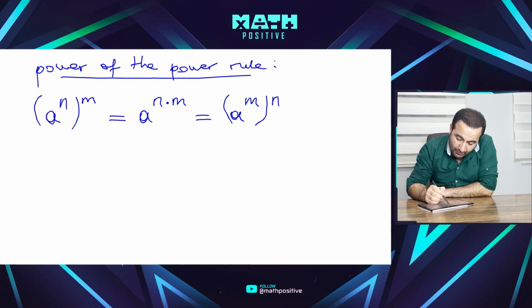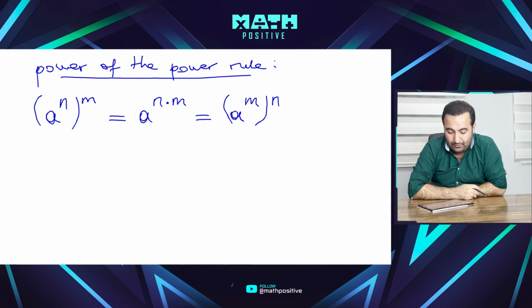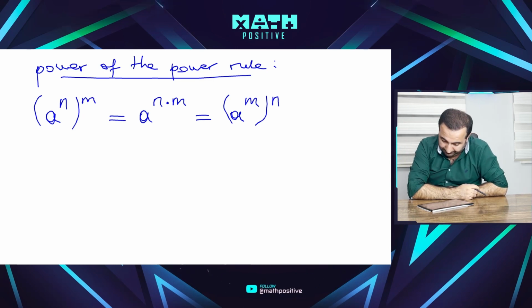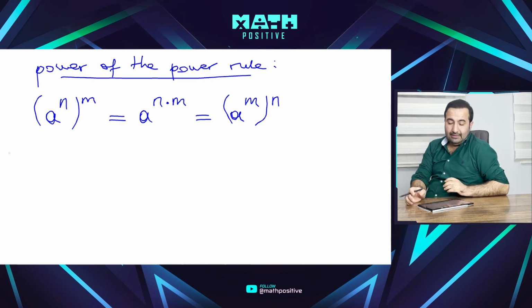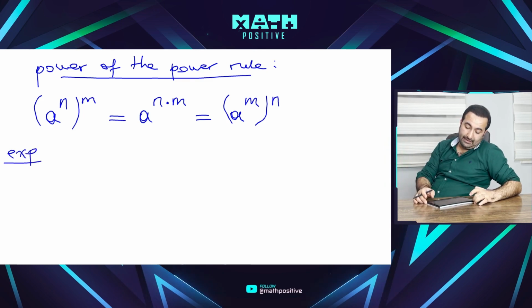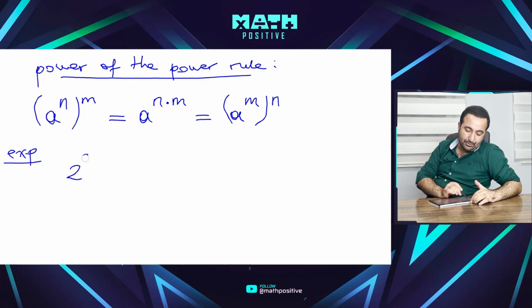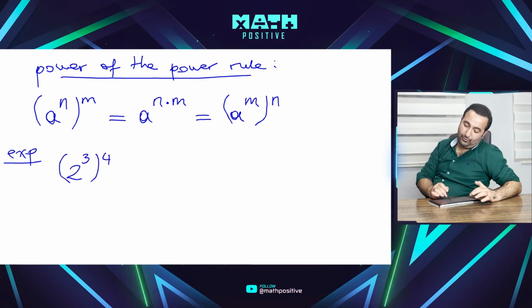In other words, we can write this as a to the power m to the power n, which means we can change the position of these two powers if we need. A to the power n to the power m equal a to the power m to power n.